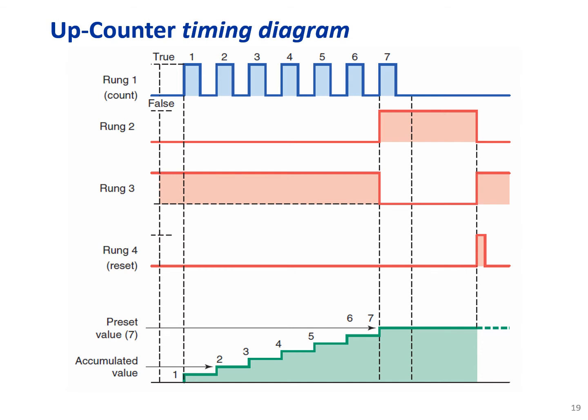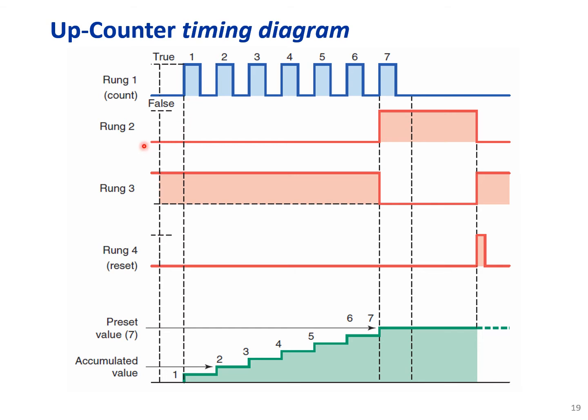Up counter timing diagram. So in this diagram, you could perfectly see how the up counter in the previous example works. Here is the count pulse or the push button 1.